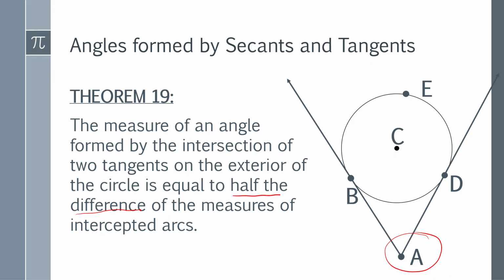If you see that the intersection is outside, take note: half the difference of the measures of the intercepted arcs.